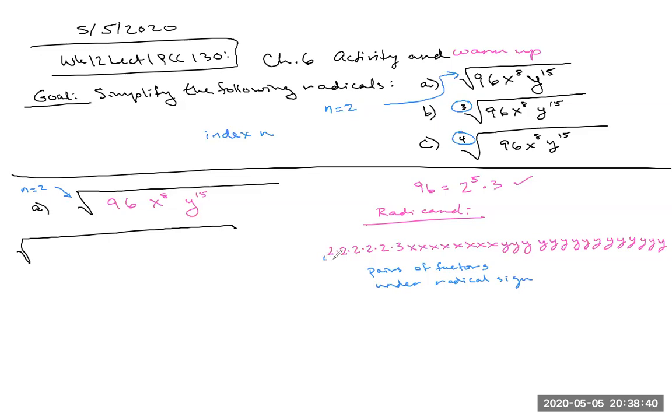We have a pair of 2's, 2, x, x, x, x. Okay. So technically in this next step, you could write that this pink part here turns into all this. Write all that under there.